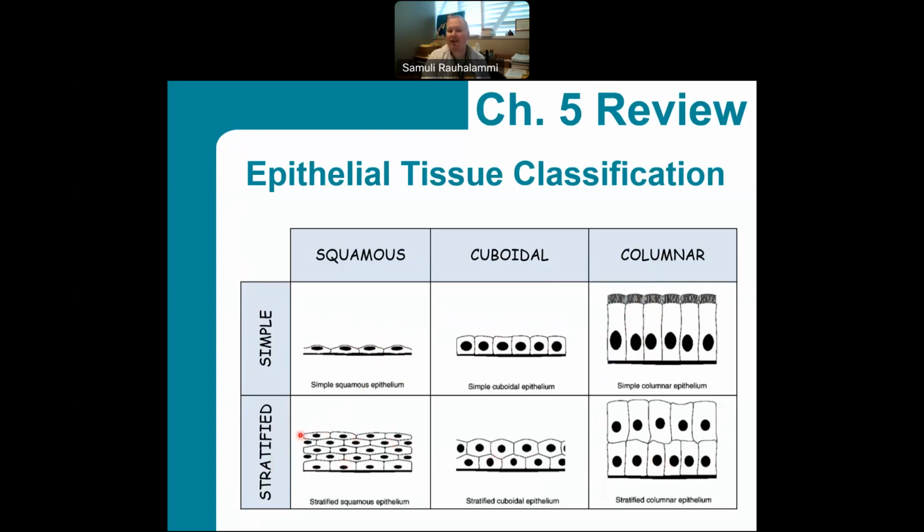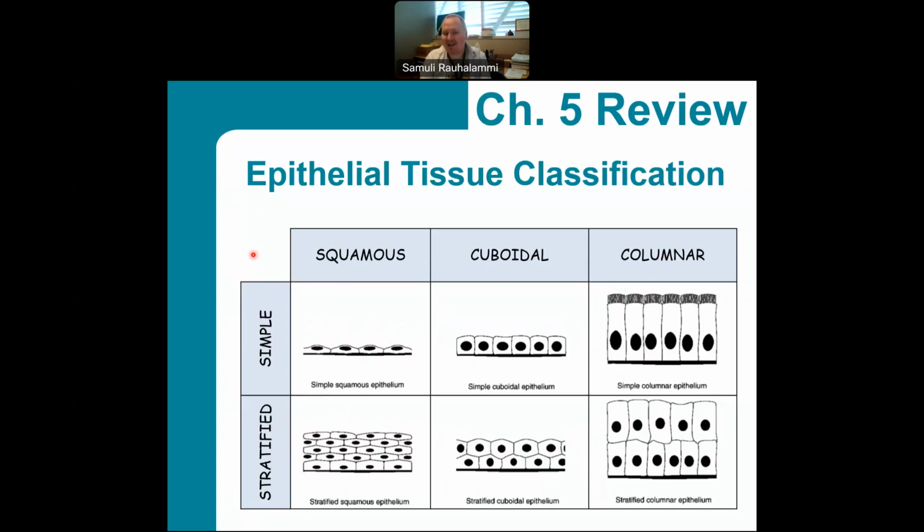When we try to classify stratified epithelia by the shape of the cell, we focus on the outermost free layer of the cells on that tissue. So if we have multiple different cell shapes, we're focusing on the outermost layer, what shape the cells are there.